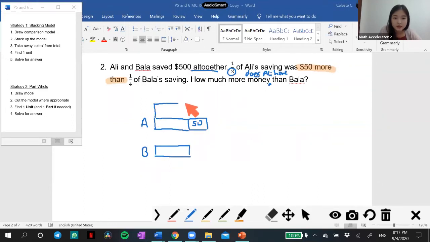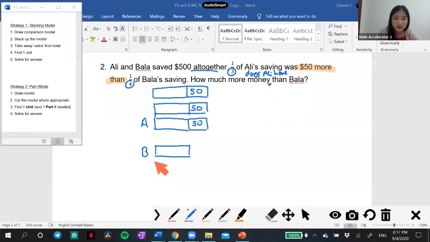You need 2 more here. Right, what's next? Bala. Bala is 1/4. This is 1/4 only. How many more models must I draw for Bala? Okay, Justin. Right, 3 more.